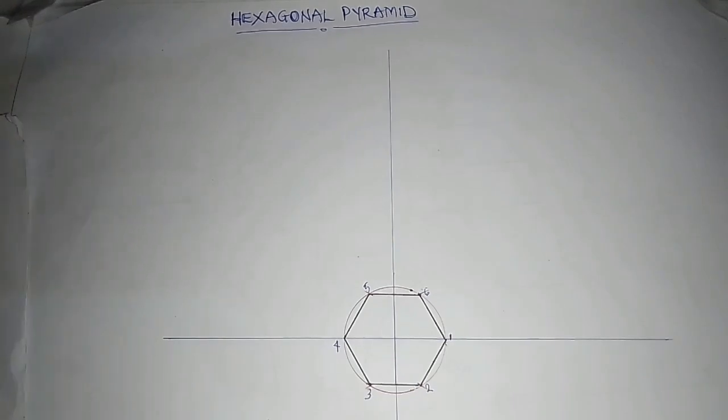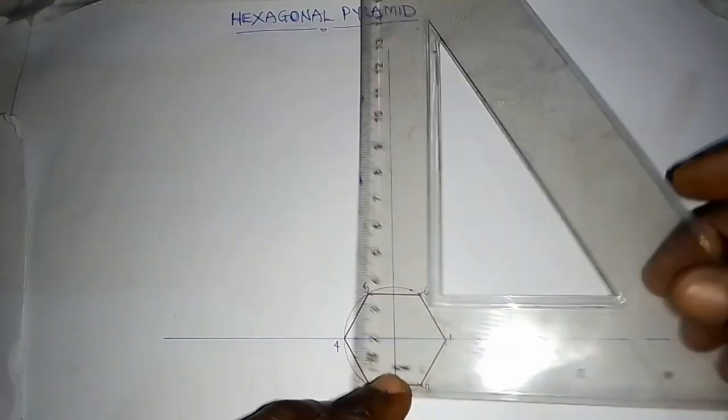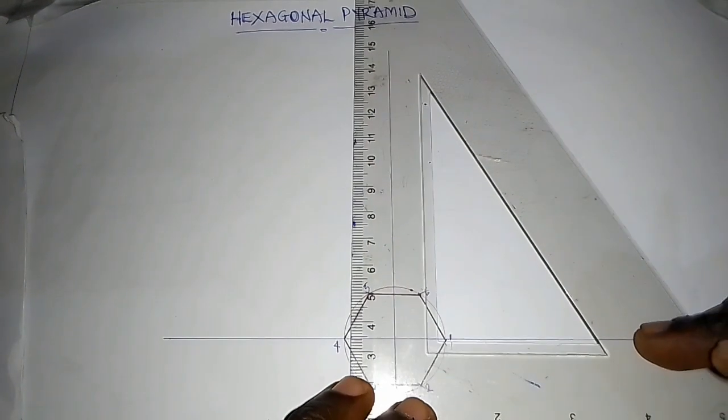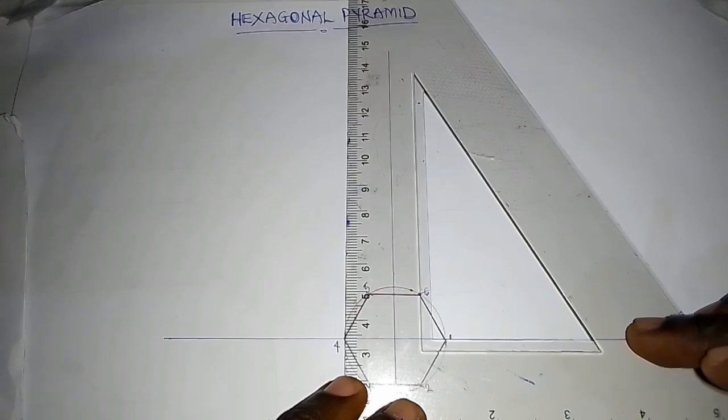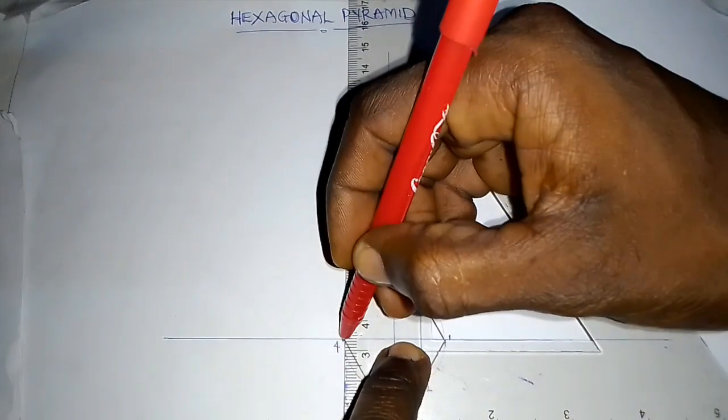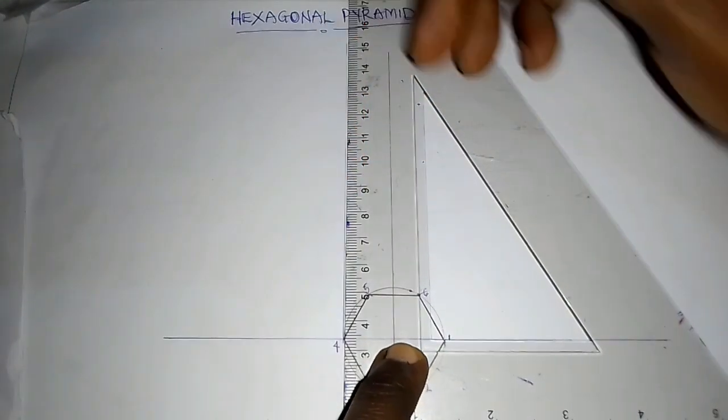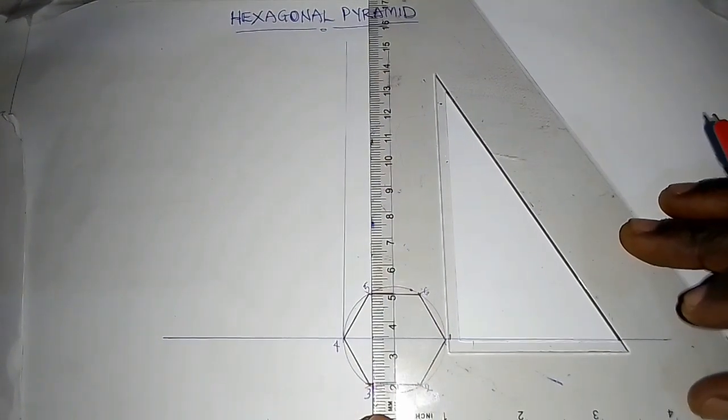So from each of the sides, starting from this side, I'm going to project a perpendicular line up, then I will go to the next one.